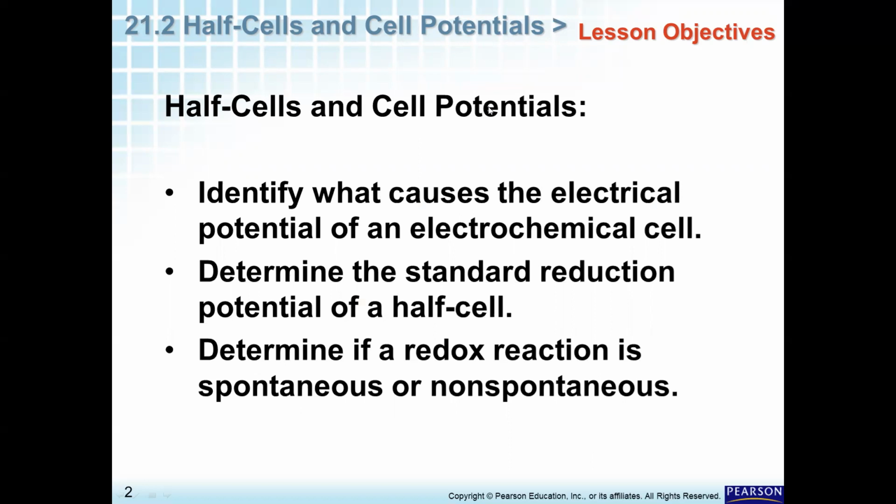And then we need to determine the standard reduction potentials of half cells. And then the last part will be to determine whether a reaction is spontaneous, which means that it is a voltaic cell, or non-spontaneous, based on the value of the electric potential of the whole cell. That's what we are going to do.